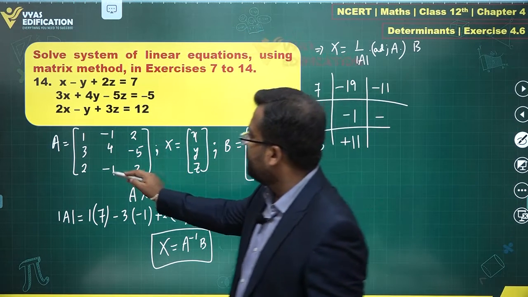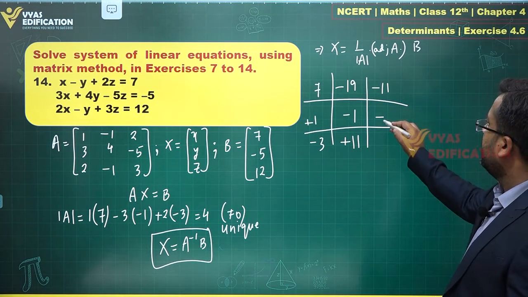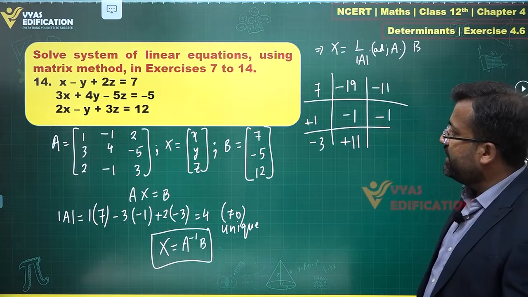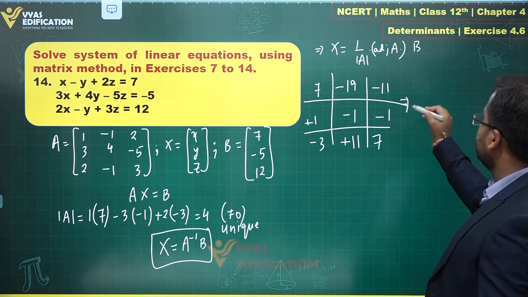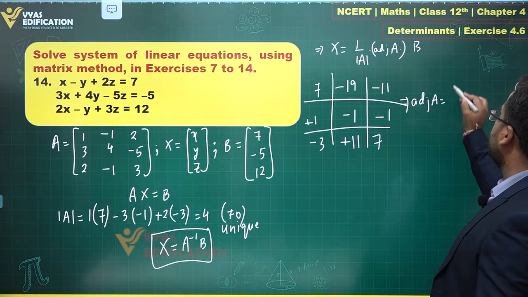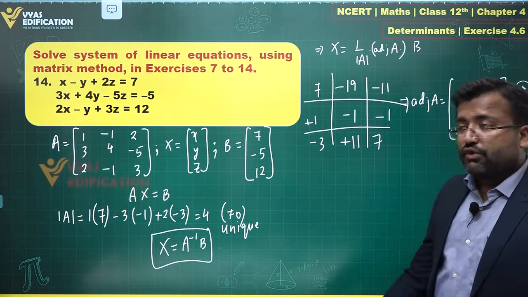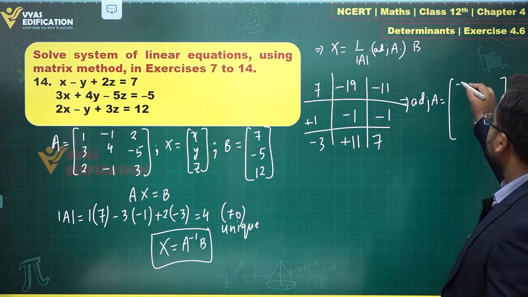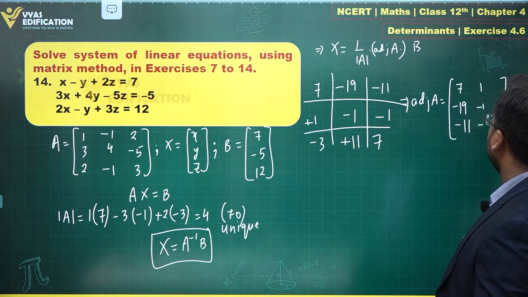For this element over here, you have minus 1 plus 2. 2 minus 1 is 1. And since there is an extra minus, this is what you get. For this element you get 4 plus 3 which is 7. Using this you can write adjoint of A very easily. It is a transpose of the cofactor matrix: 7, minus 19, minus 11. 1, minus 1, minus 1.